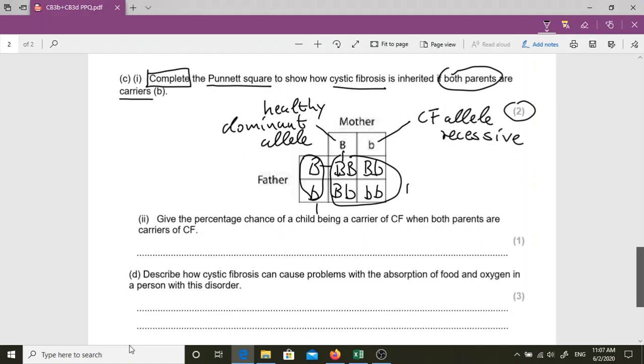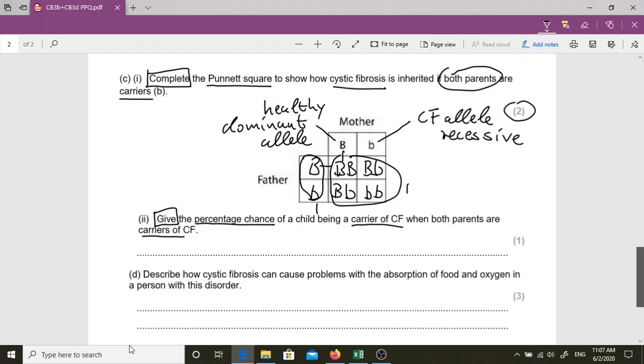Give the percentage chance of a child being a carrier of CF when both parents are carriers of CF. Give is your command word here. So now we need to look back at our Punnett square and look at how many children are carriers. This one is a bit tricky.